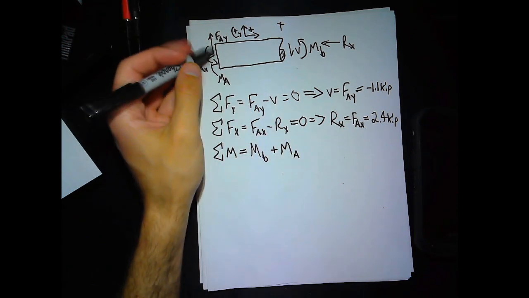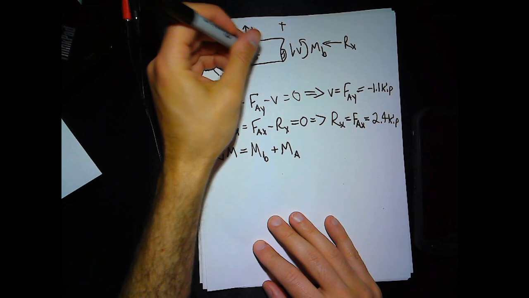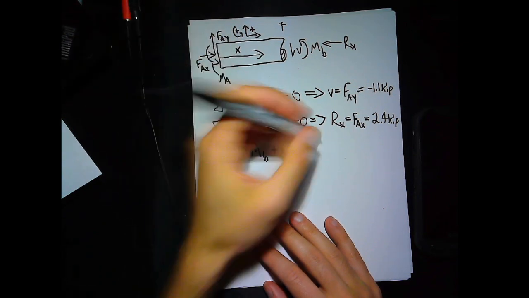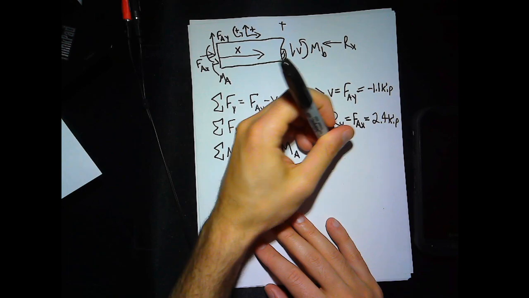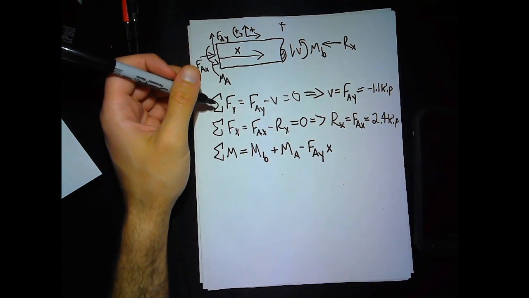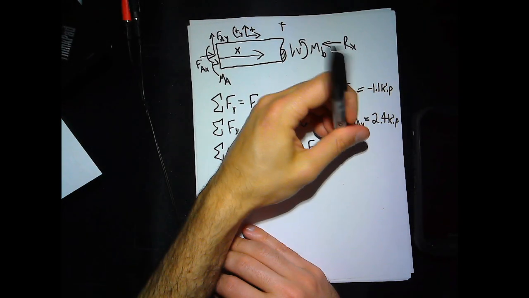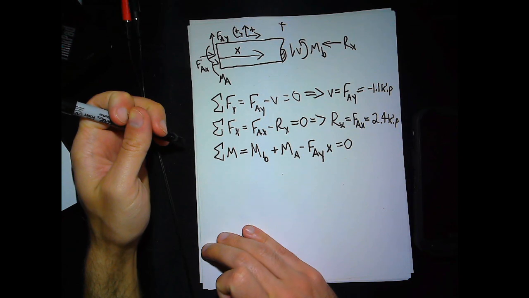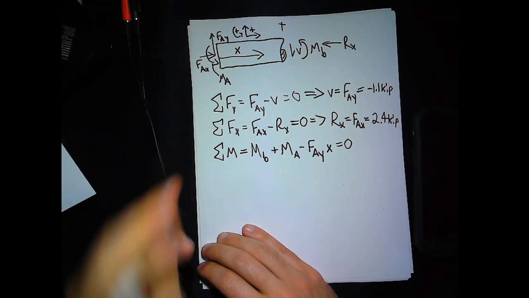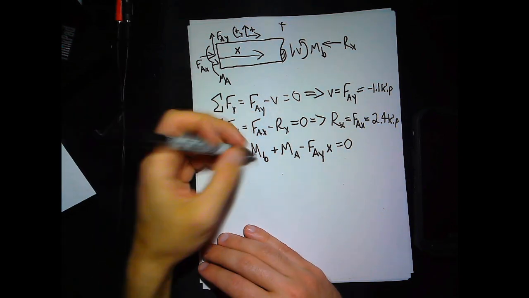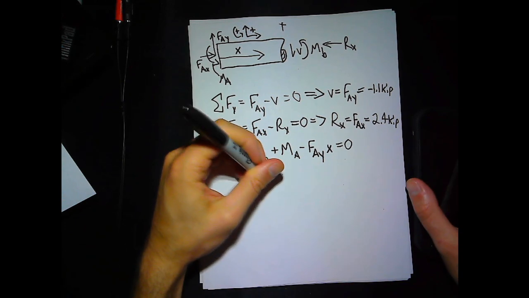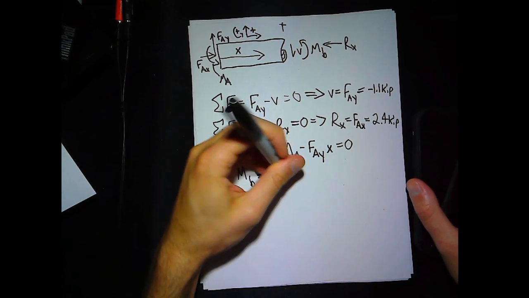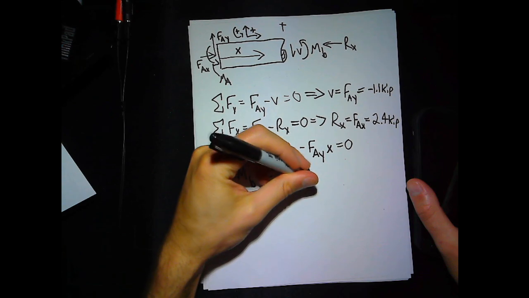And I got FAY, which is making a moment of negative FAY times X around the section. Okay, so if I solve this out, MB equals FAY X minus MA.